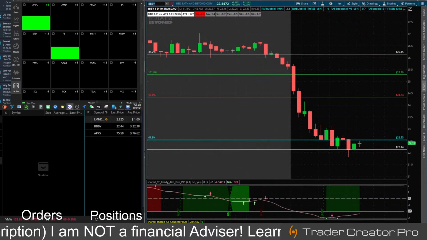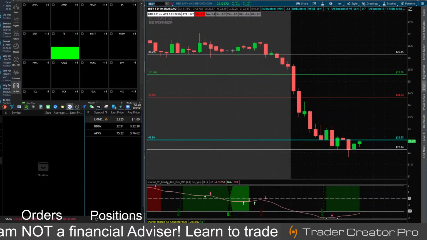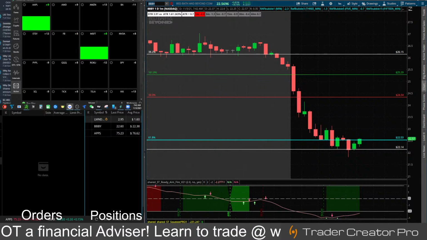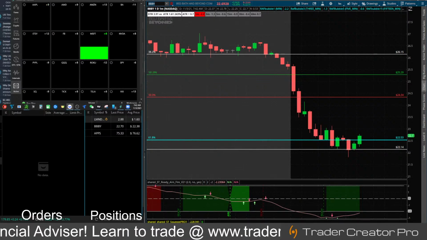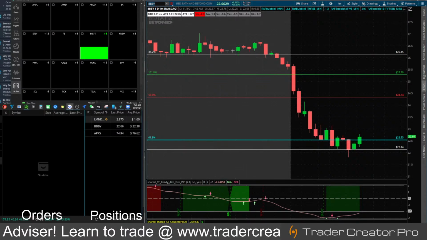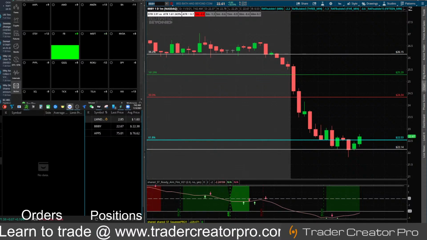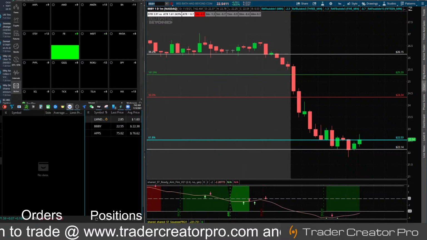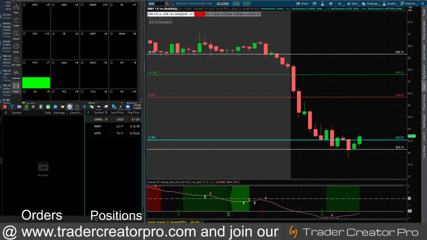Just to limit my risk a little bit. Waiting for a break over 22.50 here on BBBY. We should bounce here. APPS, I might have to take it off here soon. There we go, 22.60. As long as we hold this.